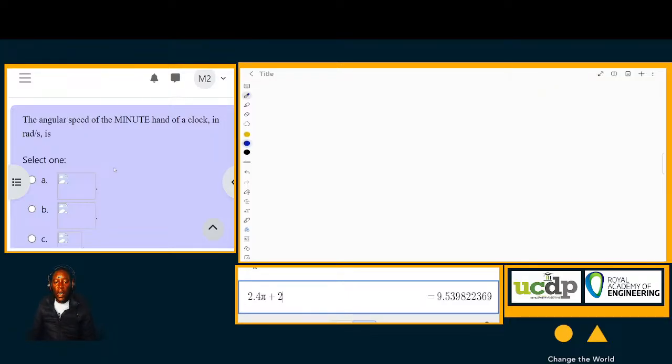Okay, so now, the angular speed of the minute hand of a clock in radians per second. Angular speed is omega equals dθ/dt. So dθ in radians will be the displacement within a minute, and within a minute the displacement will be just 1 over 60, for the 60 minutes that are in an hour.